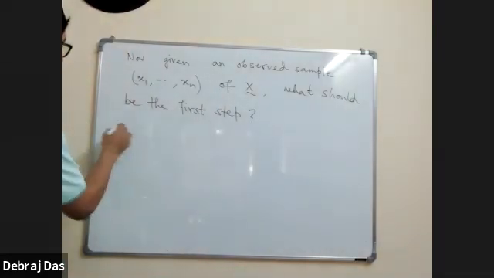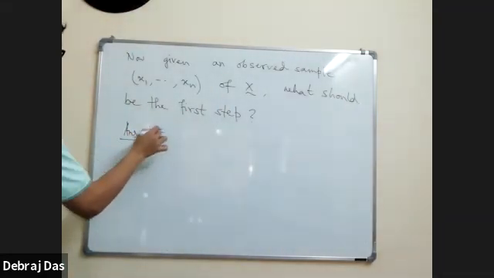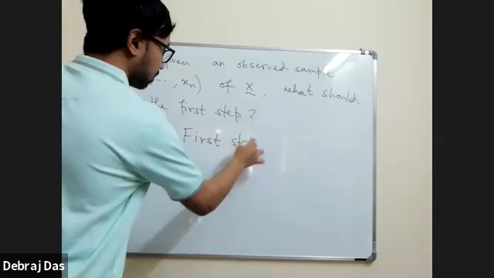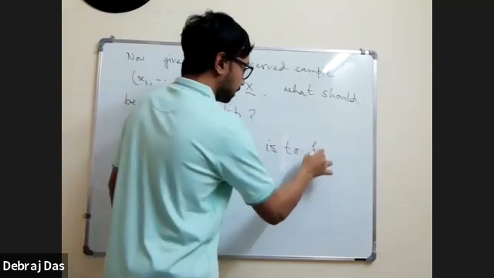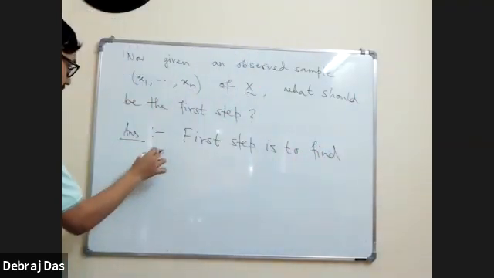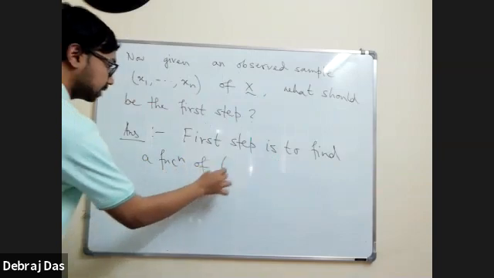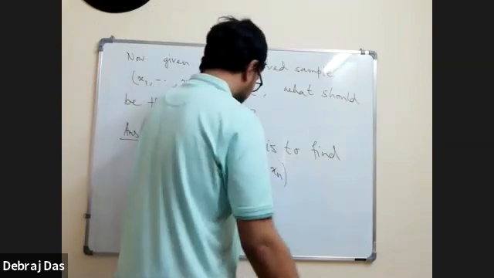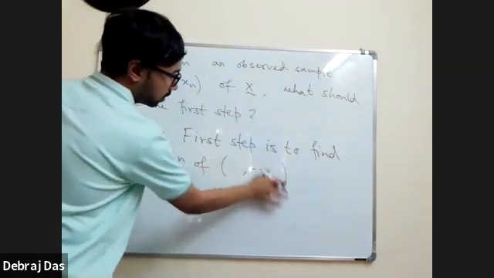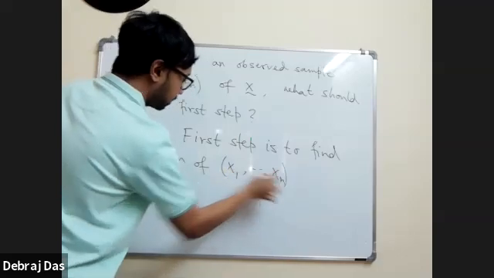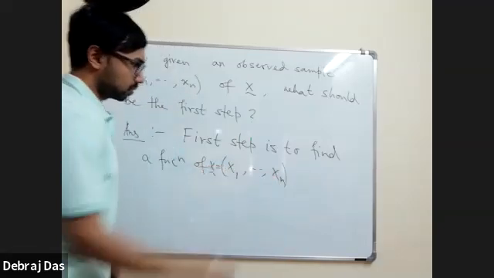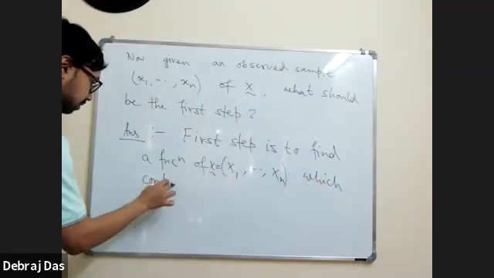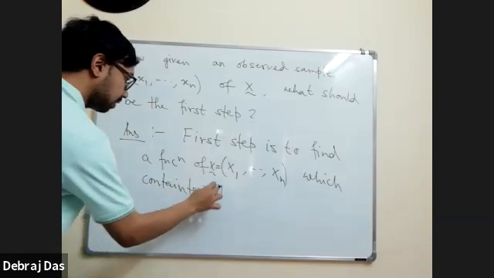So the first step is to find a function of this X1 to Xn, or more precisely X curve, which contains all the information.